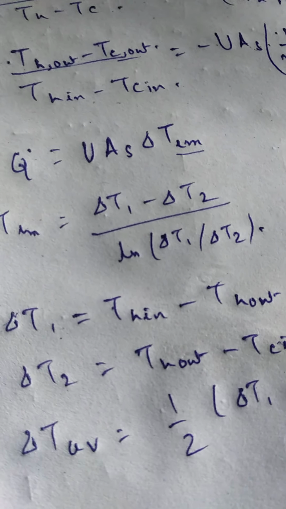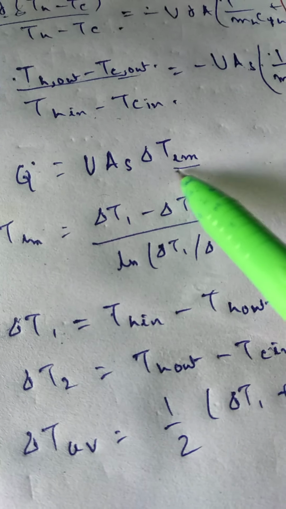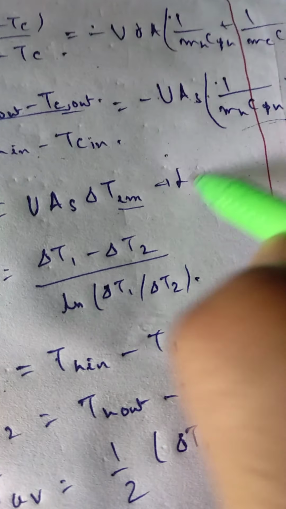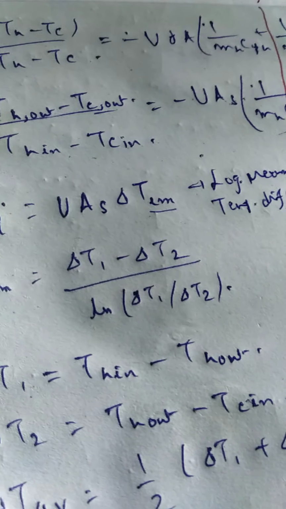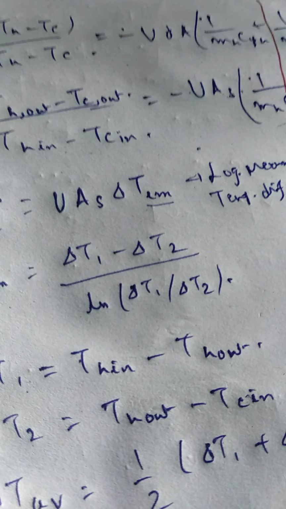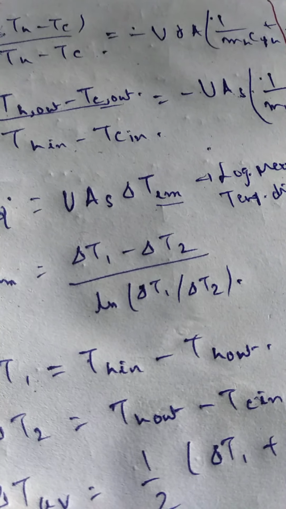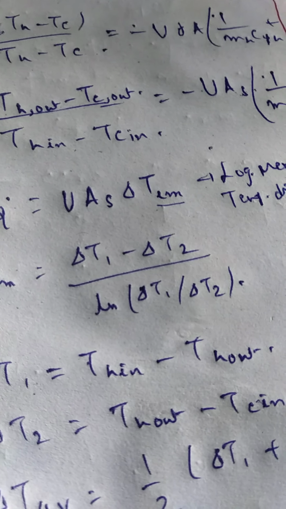This delta TLM, the logarithmic mean temperature difference, is obtained by tracing the actual temperature profile of the fluids along the heat exchanger.